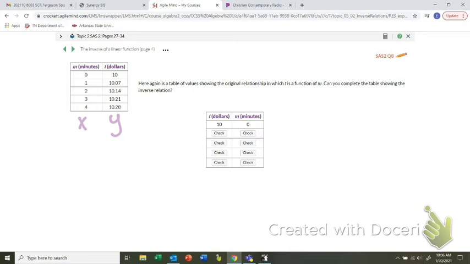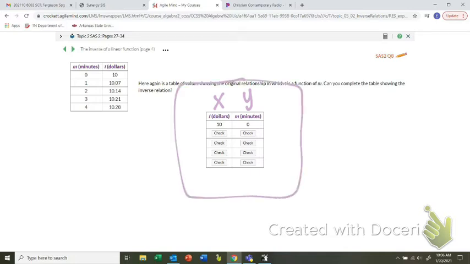However, when I switch them, our total becomes x and our y becomes minutes. Okay? So, this right here is our new chart.